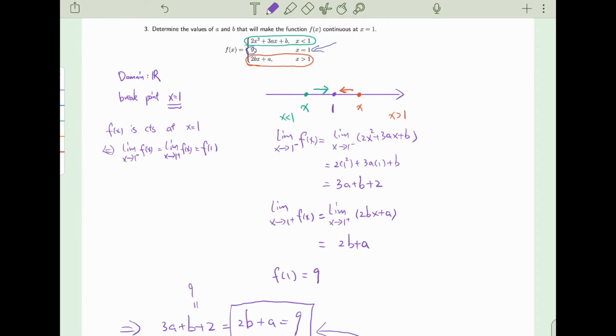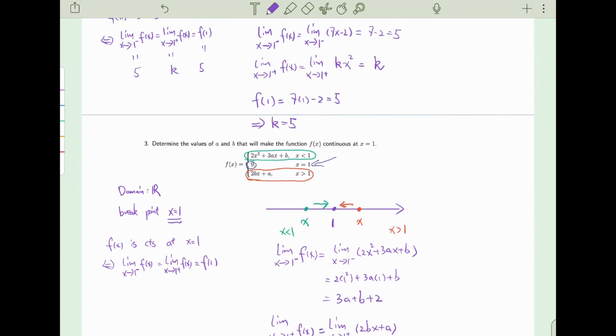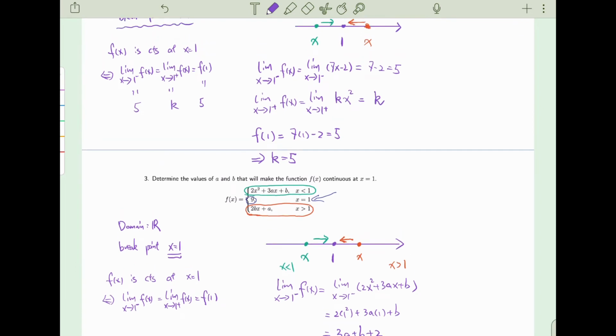So basically, question 3 and question 2 are exactly the same. Use the same trick to find left limit, right limit, the value of the function, to establish some kind of algebraic equations. And by solving the algebraic equations, you find the value of that unknown, right? And in question 2, the algebraic equation we establish is quite simple. It's just k equal to 5. We don't have to solve it.